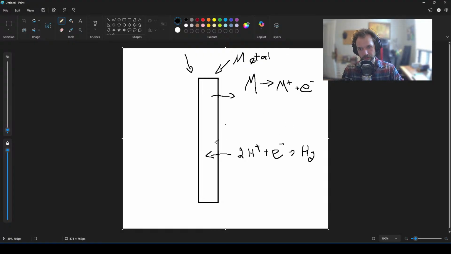Something makes me think cathode should be electrons in and anode should be electrons out. That would make sense, because the anode is typically the source of electrons in a regular galvanic cell.